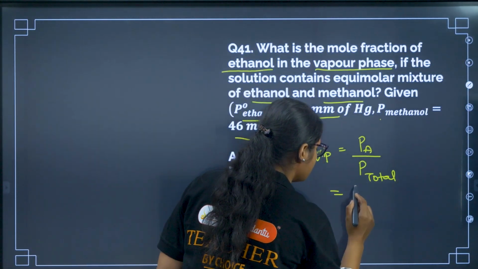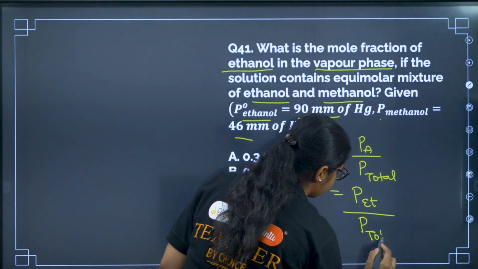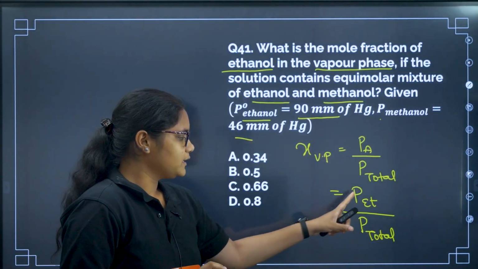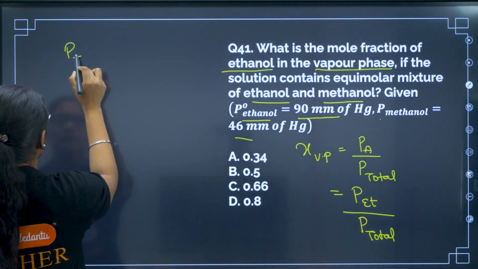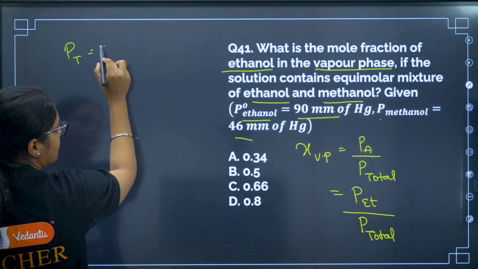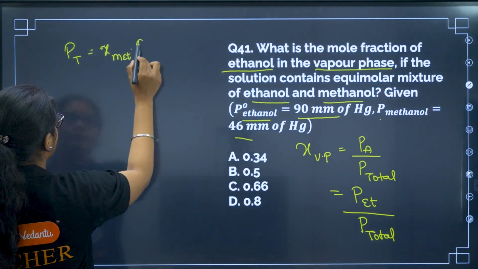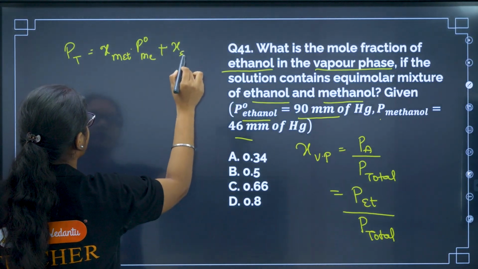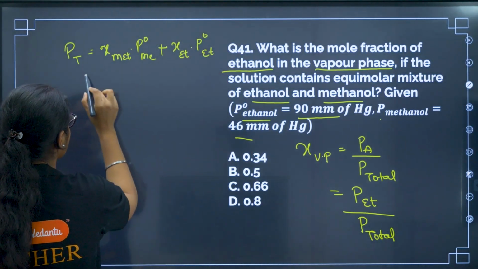So I can write P of ethanol by P total. For that, first we have to find out P of ethanol and P total. So what is the formula of P total? Using Raoult's law, we can write mole fraction of methanol into P naught of methanol plus mole fraction of ethanol into P naught of ethanol, right?